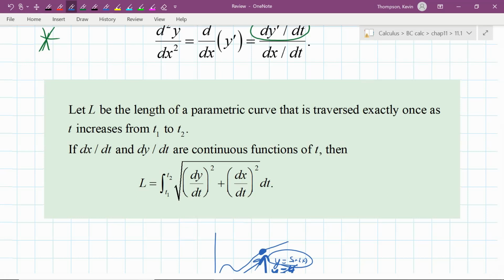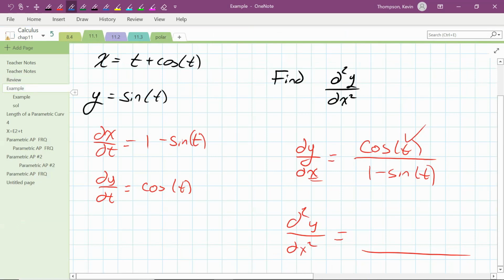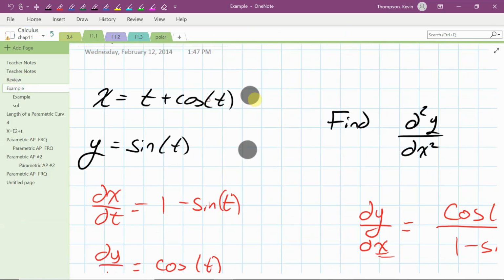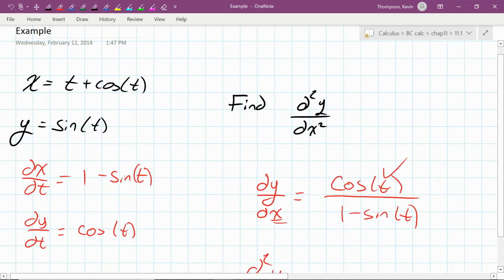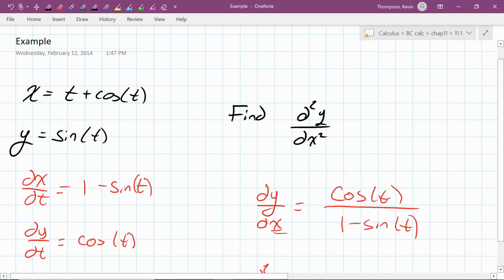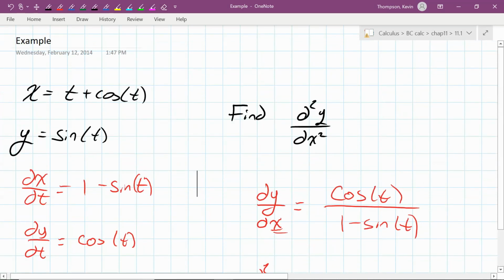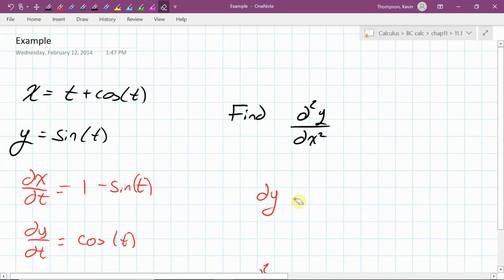So it's a pretty small extension from what we just looked at. I think what I want to do is an example of the first derivative, the second derivative, and the length of the curve, all combined, okay?